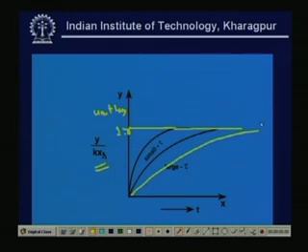Here is one example of this. Suppose I have a thermometer, a simple mercury in glass thermometer, fine. Depending on the type of liquid you are using, the thickness of the glass and all those things, it will have some value of tau, because physical parameters will control the value of tau.